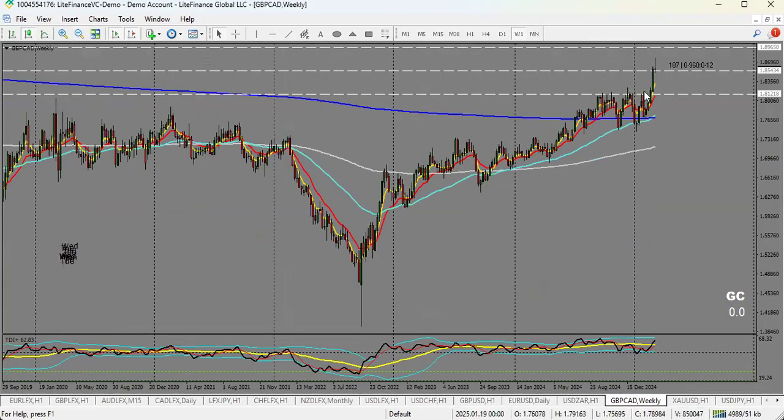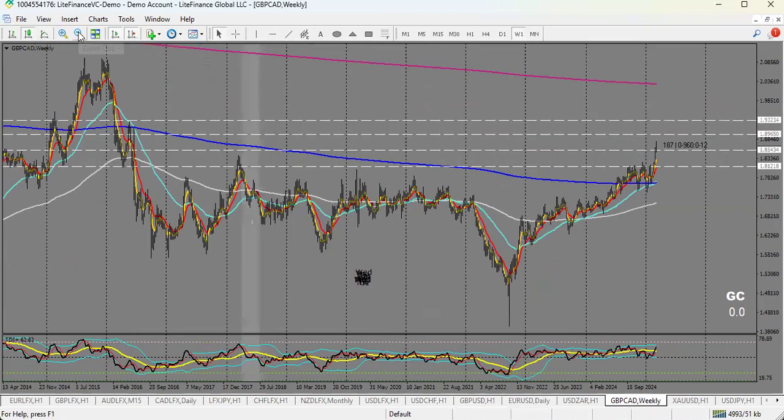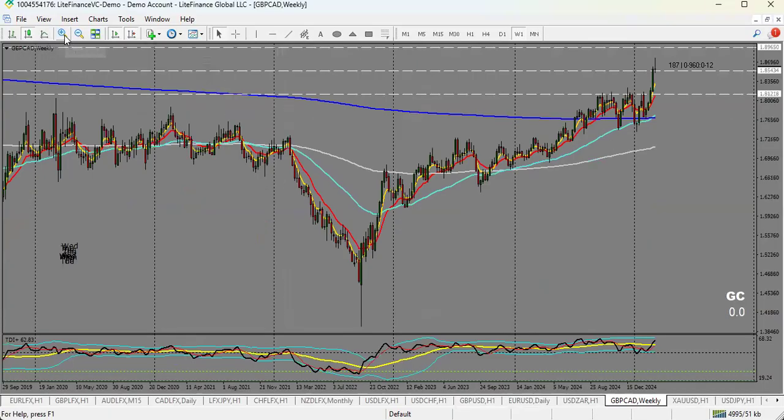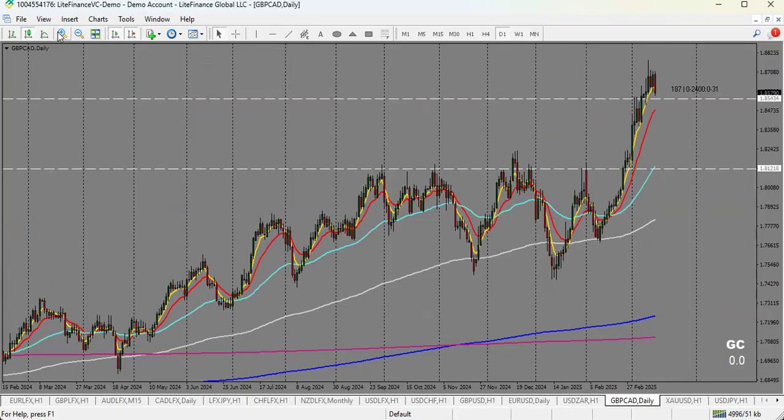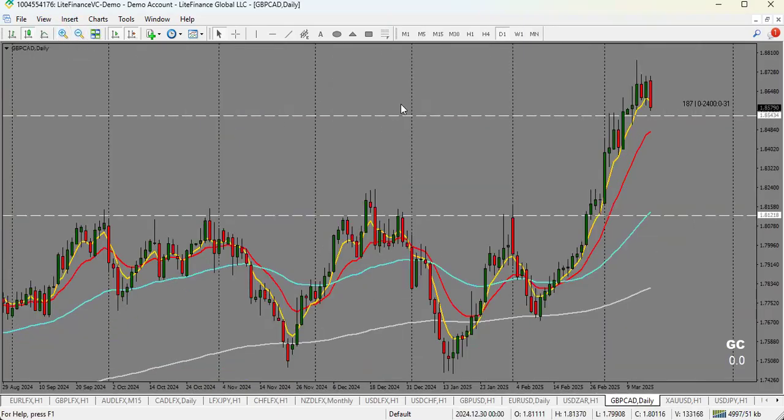And the weekly time frame still supports our bullish market structure. So the overall bullish market structure still holds. If we go to the daily time frame, we can simply look at the market flow having retracements going down and then big movements going up.